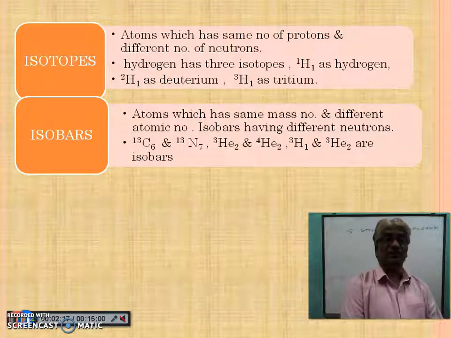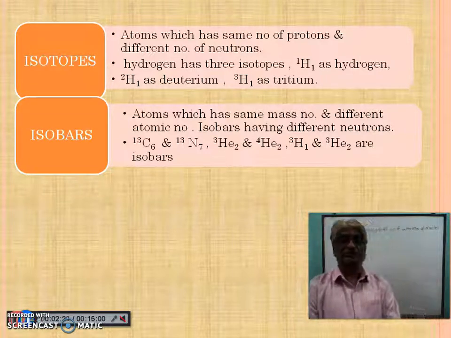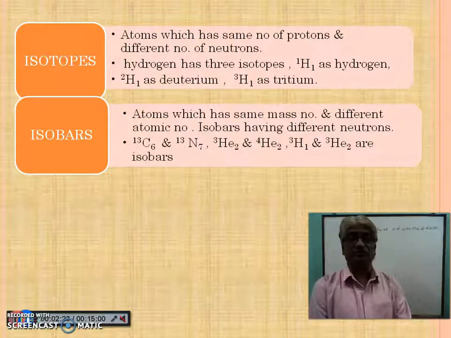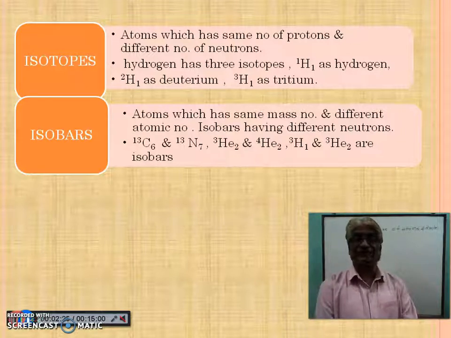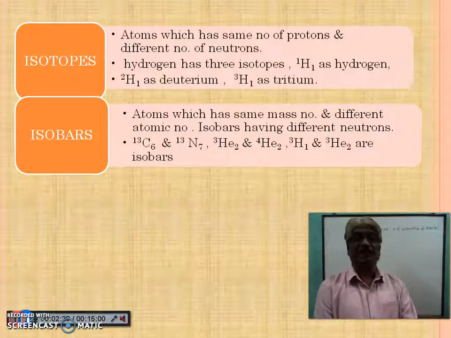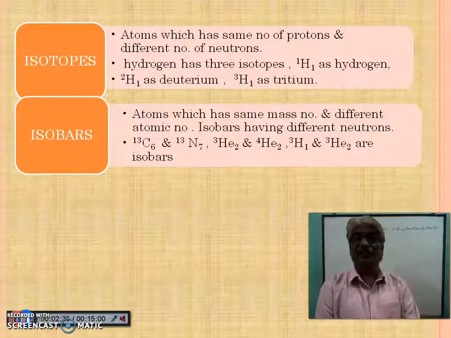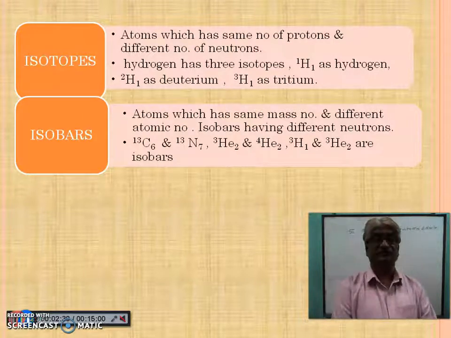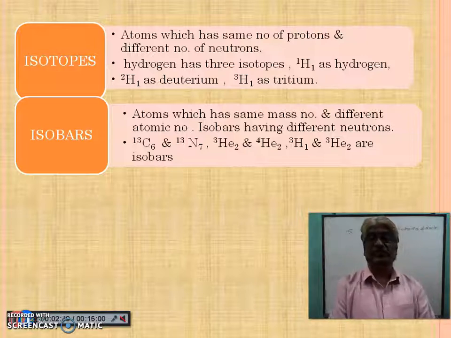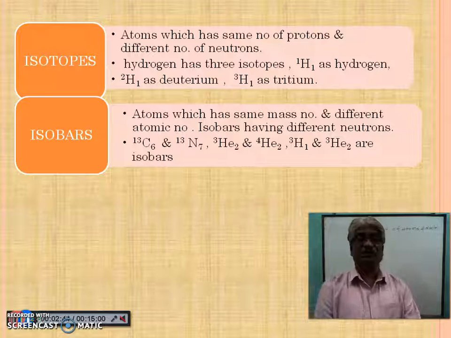Whereas another term will be seen, isobars. Isobars are atoms which have the same mass number and different atomic number. Isobars have different neutrons. Their example will be carbon and nitrogen.